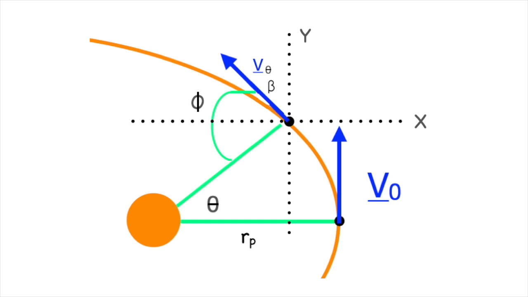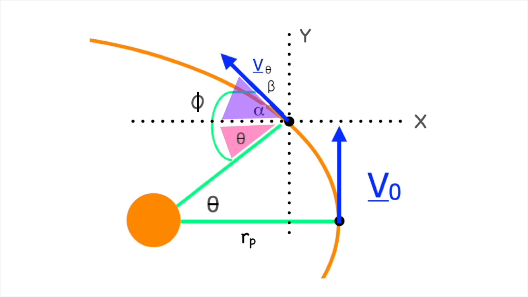Meanwhile, phi we can see as the sum of two angles. The pink angle and the purple angle. Now the pink angle is equal to theta because x is parallel to RP, so we're dealing with alternate interior angles.